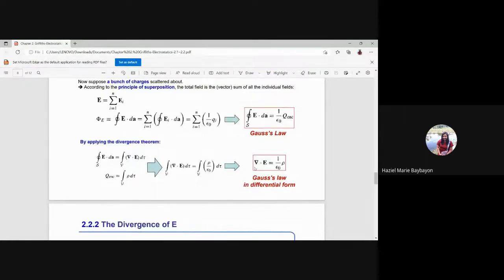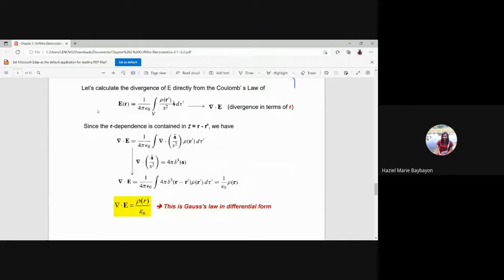The divergence of E. Okay, so calculating directly the divergence of E from Coulomb's law. So you have the electric field, 1 over 4 pi epsilon naught multiplied by the volume integral of rho d tau over r squared. So this is the divergence in terms of r.